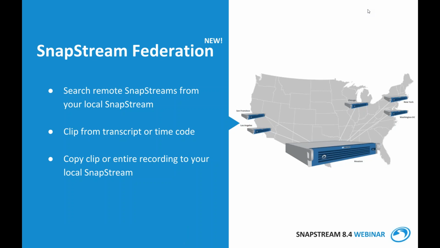SnapStream Federation. If you have multiple SnapStream servers or clusters, then SnapStream Federation allows you to remotely search yours, other servers, or clusters from your local SnapStream interface. You can create clips via transcript or time codes and automatically import those clips into your local SnapStream.